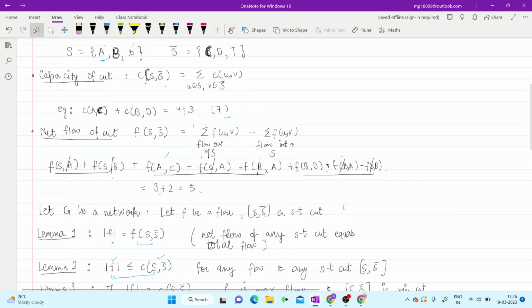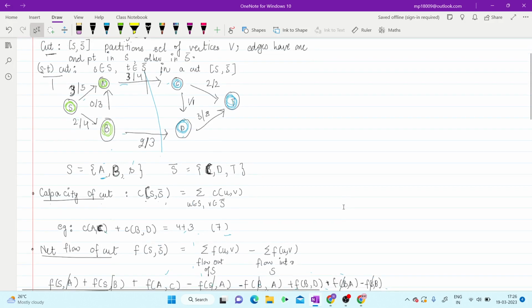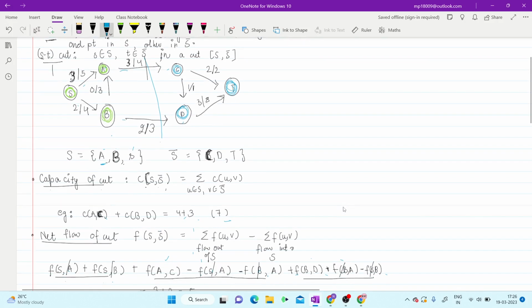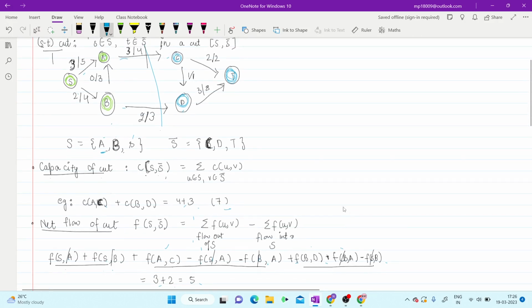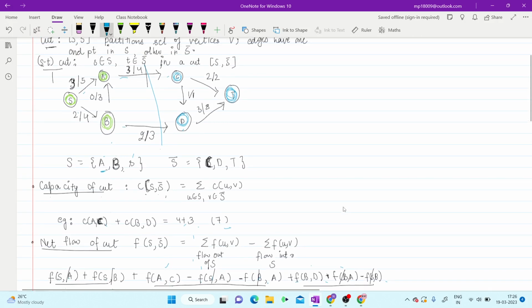So in this example, you can see the first two are being satisfied. First of all, what is the flow value in this graph? In this directed graph, what is the total flow? Who will tell? What is the flow value in this network?